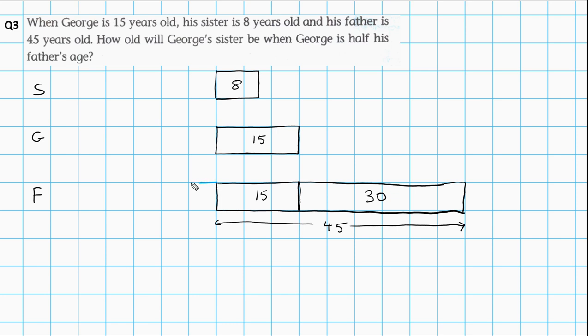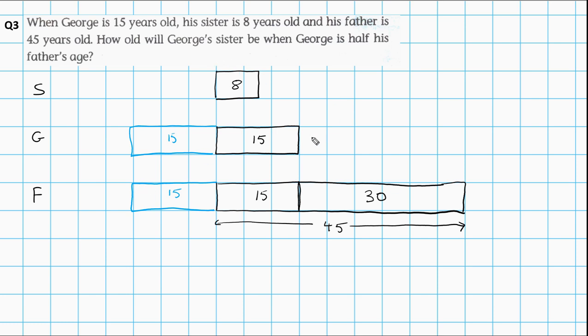If we added 15 here and 15 here, I know this looks like it's going backwards, but it's just so that I can show you this model. Everyone gets older 1 year each year. This is now 30, and this 15 and 15 and 30 is now 60. And we can see that this is half of this.